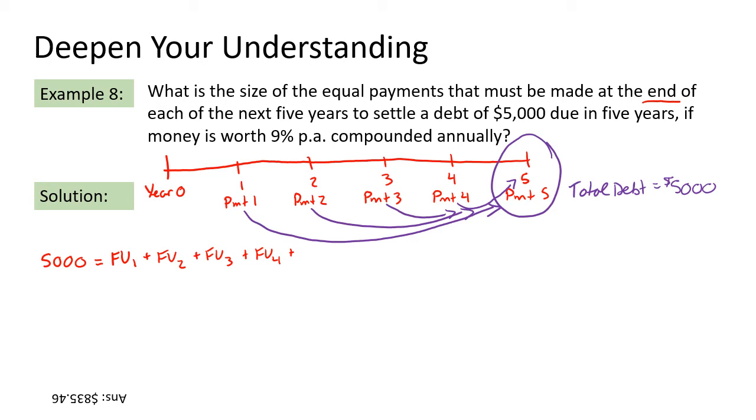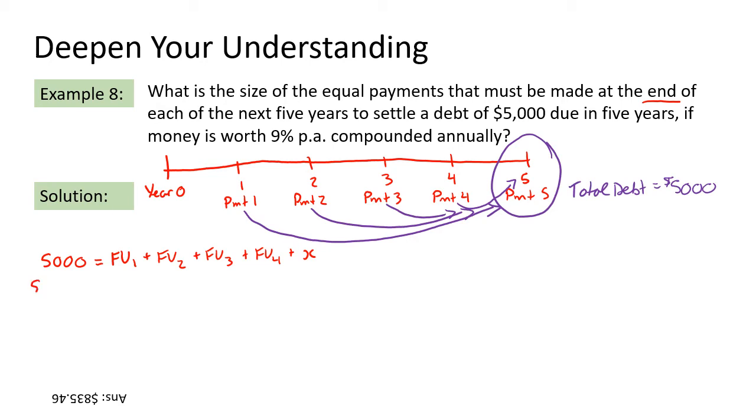So remember, in every question, we're trying to get all of our dollar values to be at the same period in time. So we're comparing apples to apples, right? So that last one, I'm just going to call it X. Because like I said in every one of our other questions, our payment is exactly the same. So our final payment, I'm just going to call X.